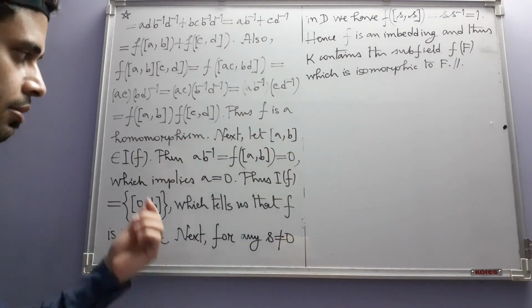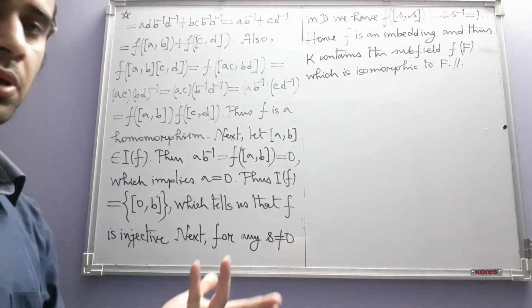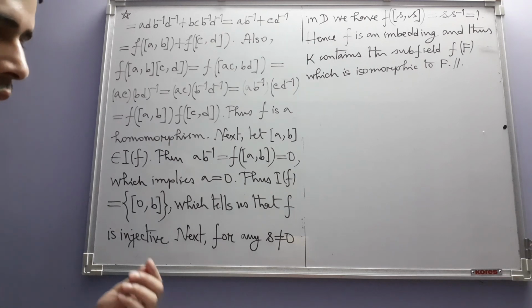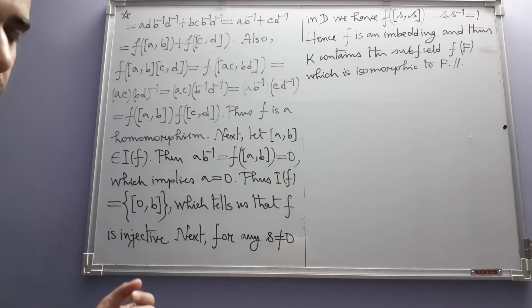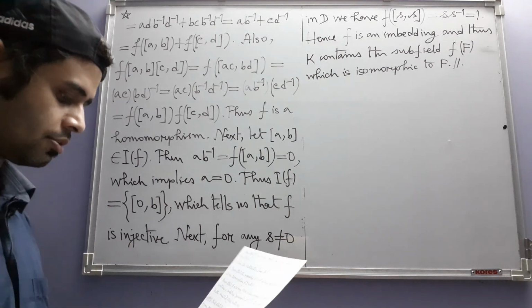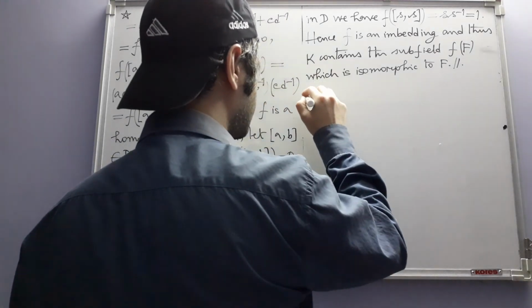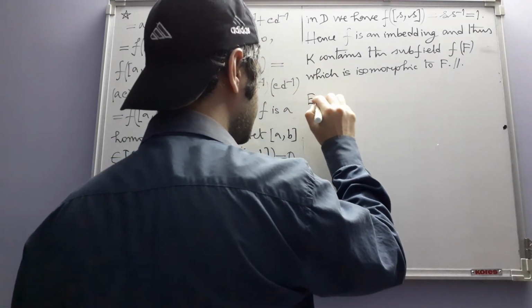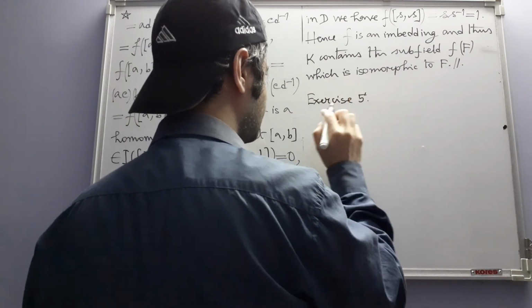Now if we remove the restriction of integral domain and we just simply have a commutative ring, and we carry out a similar procedure, what shall we end up with? Of course, it won't necessarily be a field, but it will be something. So the next exercise is about that, and it has a star, so that means it's somewhat difficult.